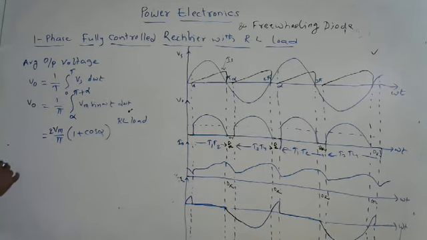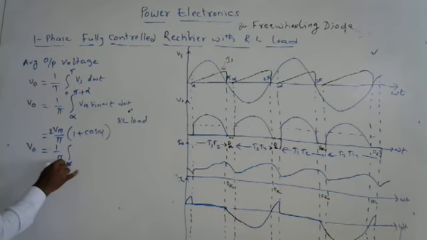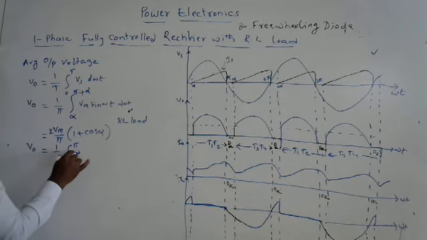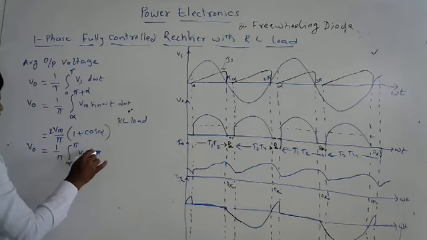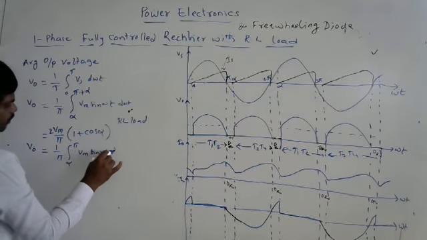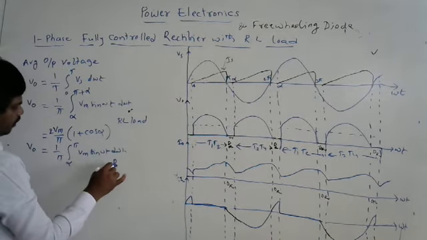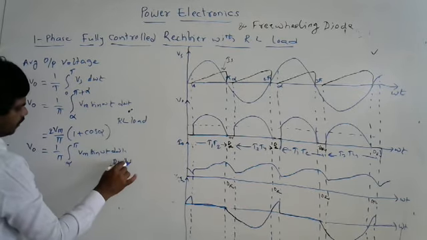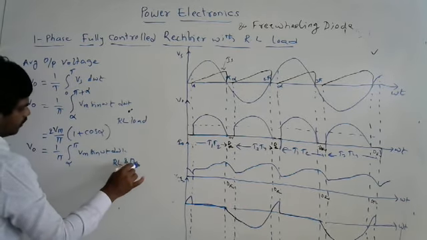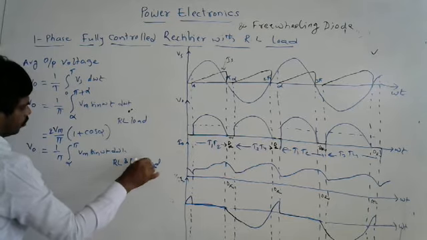Suppose V naught is equal to 1 by pi integral alpha to pi Vm sin omega t d omega t, for RL with freewheeling diode at load side.